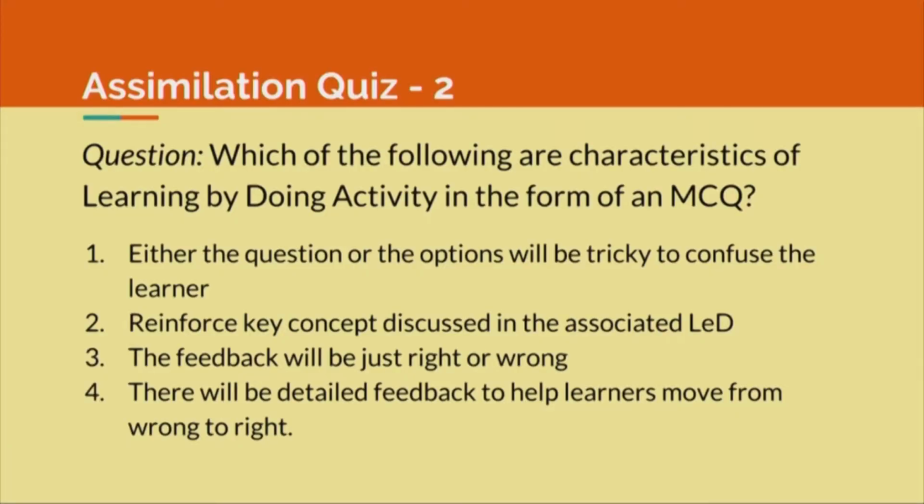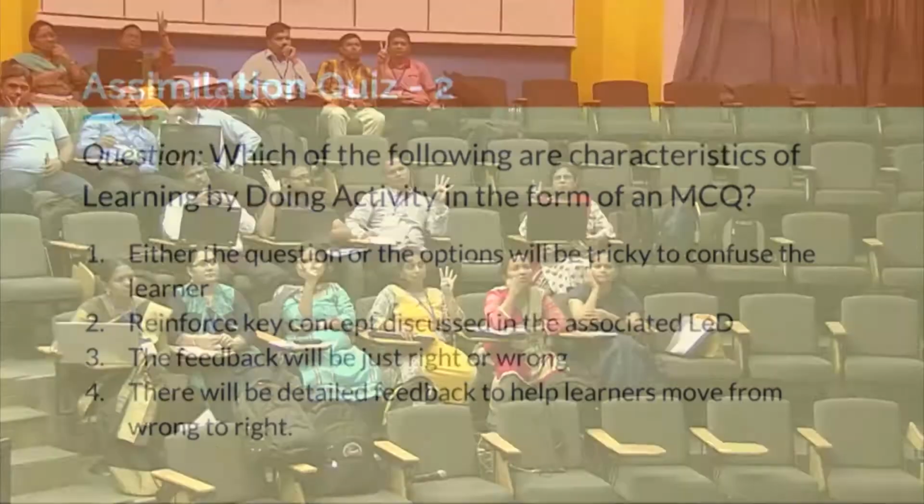Again, the same rule applies. If you think that there are multiple answers, 5 is valid. So I see a lot of 4s, 2s. Okay, time up. Show of hands. 2, 4.